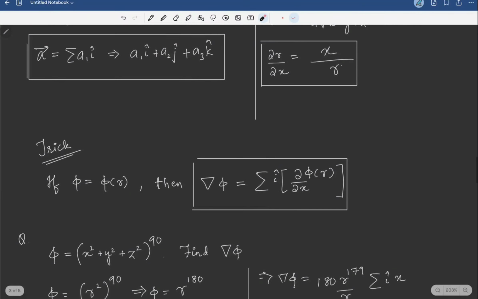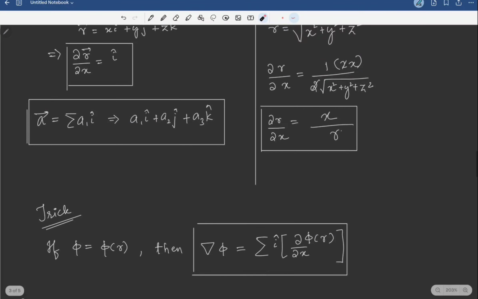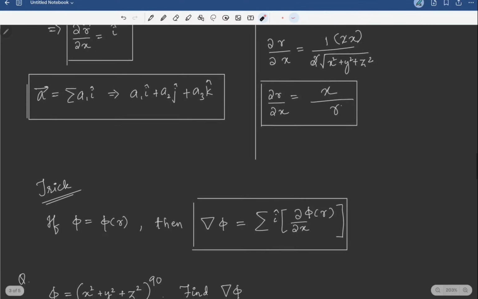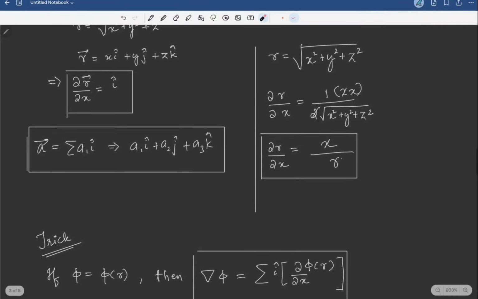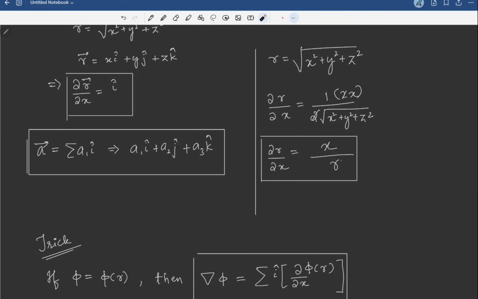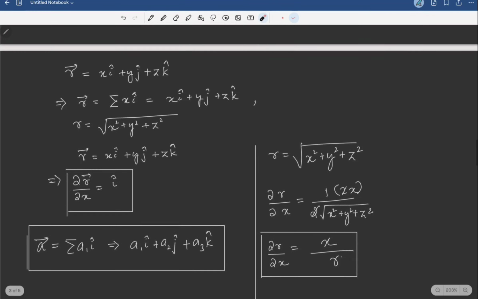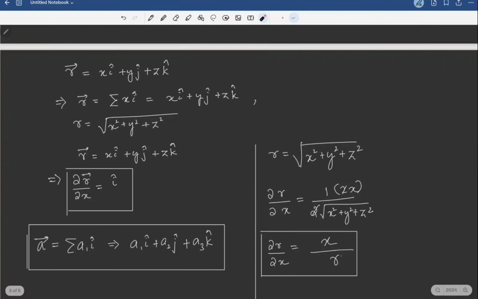and I have said this trick so that any problem in terms of position vector gets easier. So let's quickly brush up that.